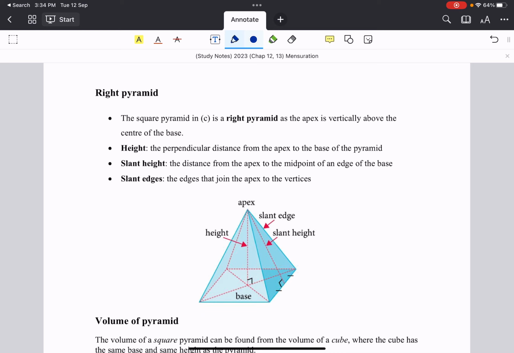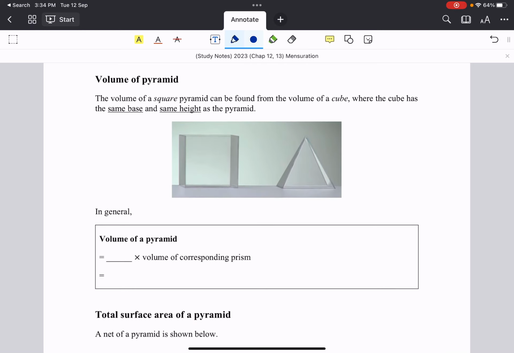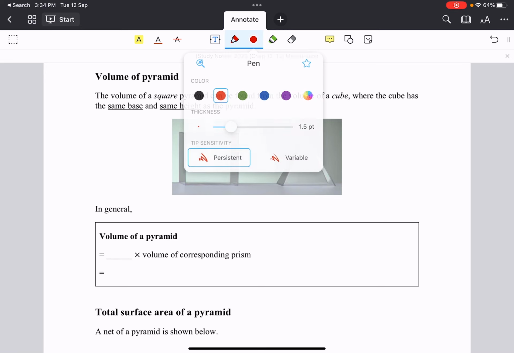How about the calculations and the formulas? The volume of a pyramid, if we use a square pyramid to visualize and compare it to a cuboid of the same height, is 1/3 of it. We can prove it in a number of ways, but we can do that offline so that I can finish this first.